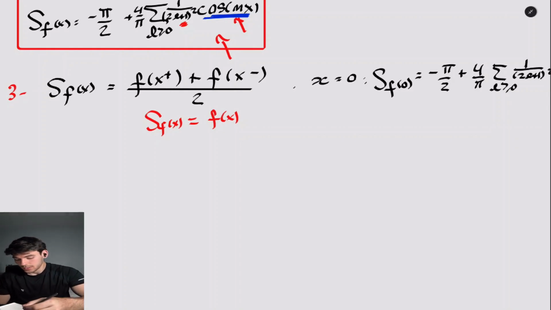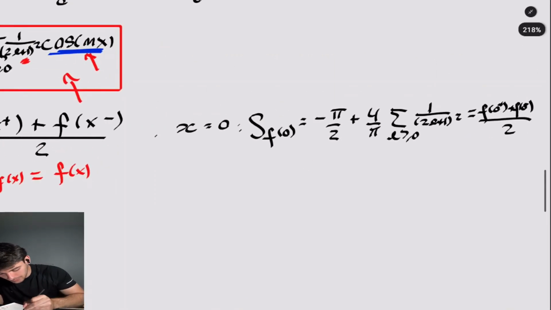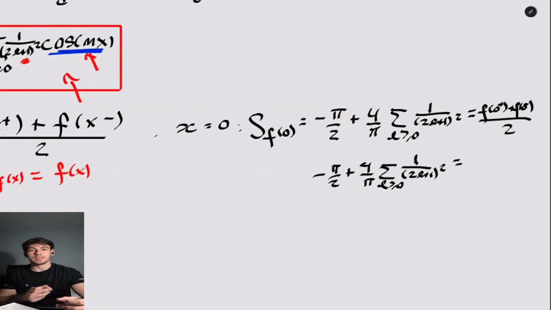Okay, so continuing here, we'll have minus pi divided by 2 plus 4 divided by pi, the sum that the question is asking for, and that's equal to 0 plus 0 divided by 2, that's 0, or simply the value of the function on the point 0, that is 0.